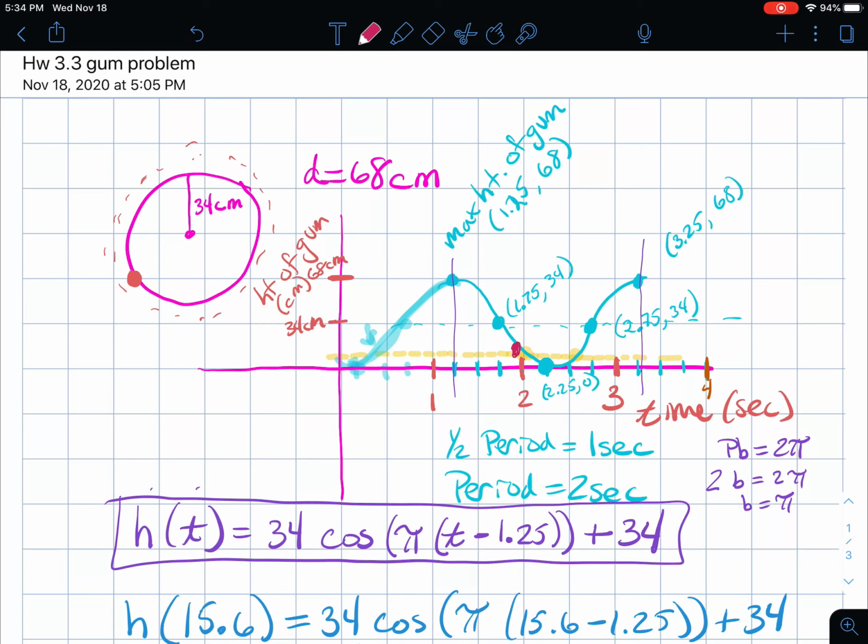If you did this on Desmos or a graphing calculator, you'd obviously have more exact values. We need to find out, well, what is this time over here? We can estimate it, but let's think about this. If we're going from 1.25 seconds, we're going from here to here. Well, how much space is that?